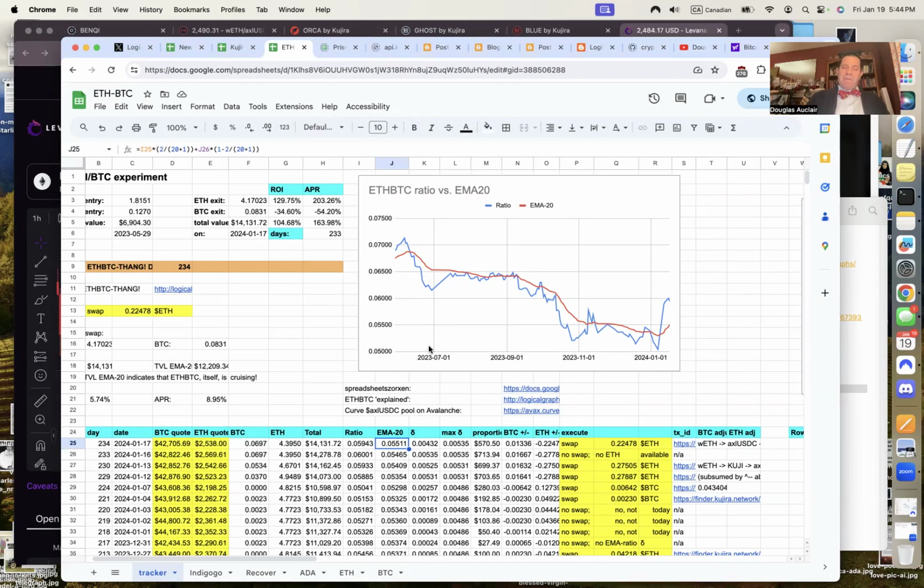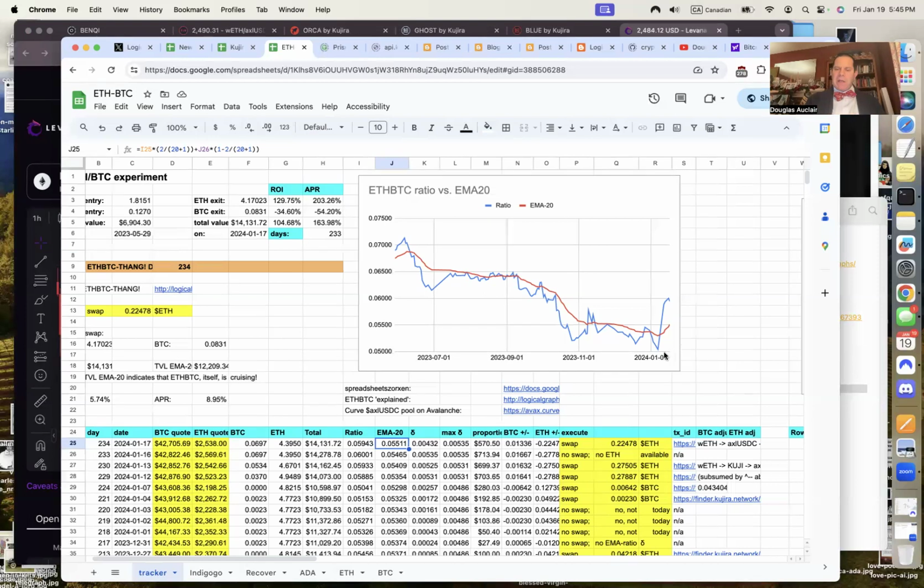So with that information, when we see that the EMA 20 is below the hard ratio itself, then it's time to buy Ethereum. Why? Because ETH is higher as compared to Bitcoin being lower. So I'm sorry, it's time to buy Bitcoin with your Ethereum.